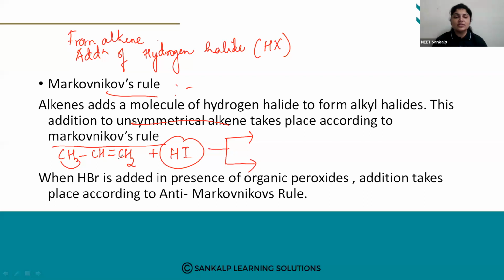Okay, so this is Markovnikov's rule. Whenever you have an unsymmetrical alkene, it will follow Markovnikov's rule. I'll just give an example, then you will be able to understand.